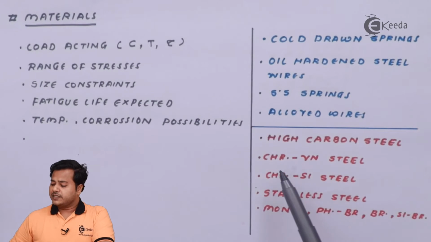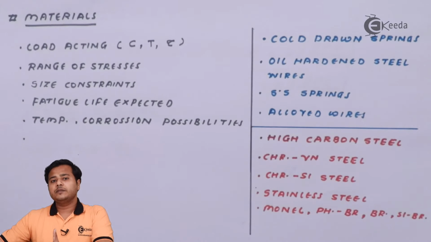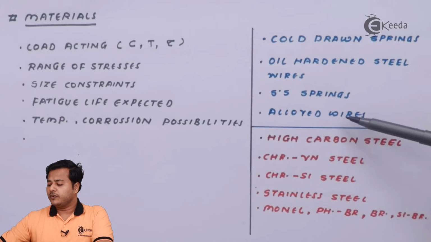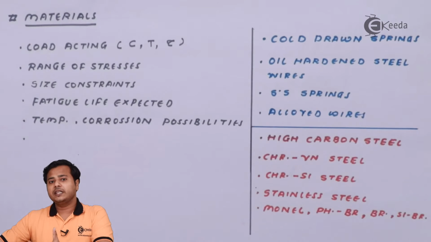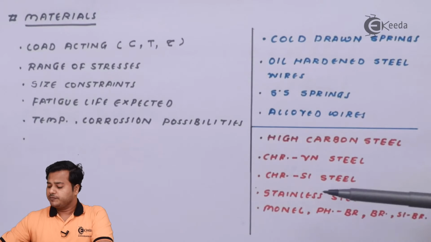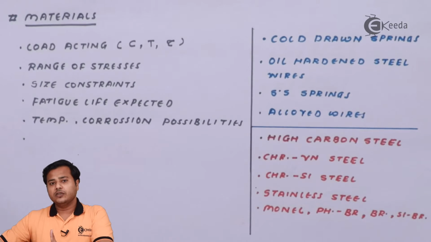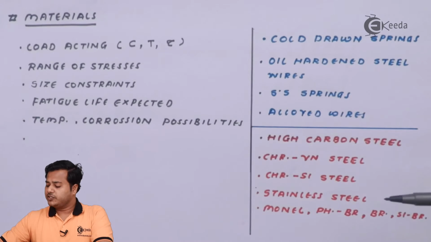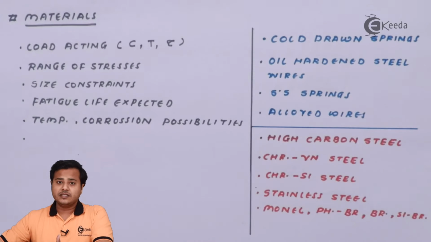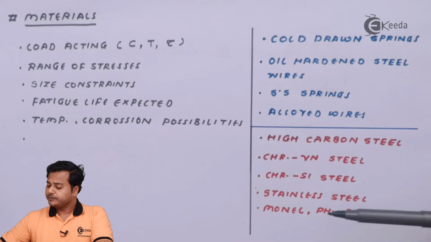The next one is chromium vanadium steel, a kind of alloyed wire which can be used for making springs for special applications. Then comes chromium silicon steel. It also is an alloyed steel which can be used for specific applications. Then stainless steel, which we can use for a corrosive environment.